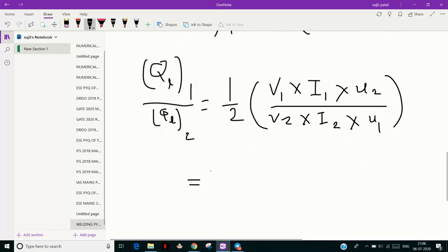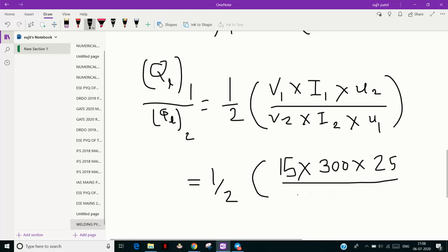Now just put all the values that are given. Voltage for the first coupon is 15 volt, current is 300 ampere, and u2, the velocity of the second coupon, is given as 25 mm per second.